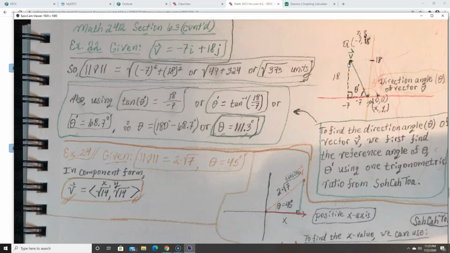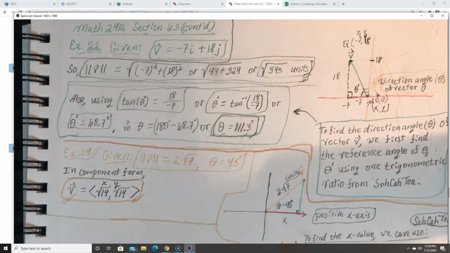So, to find the direction angle theta for this vector, we can use the reference triangle, specifically find the reference angle right here inside the reference triangle, call it theta prime, and once we know this angle, the reference angle here, theta prime, then we can find angle theta.